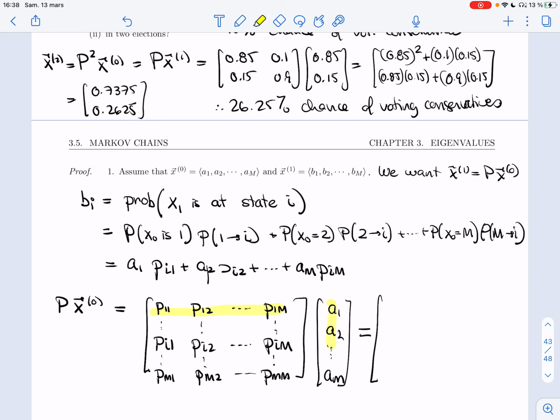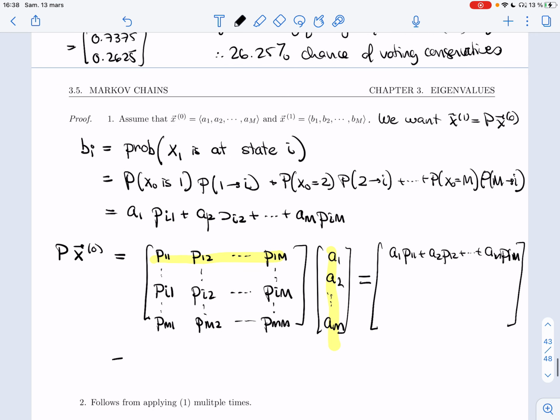For the first one, I'm going to get this product: a1 P11 plus a2 P12 plus am P1m. That's equal to this when i equals 1, so it's b1.